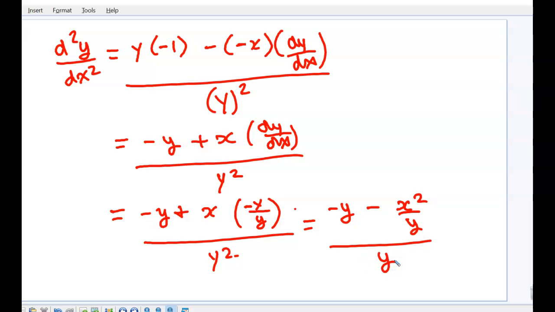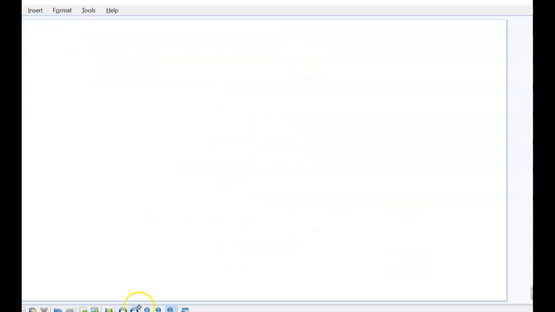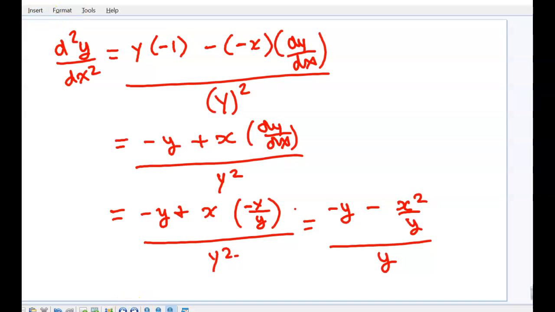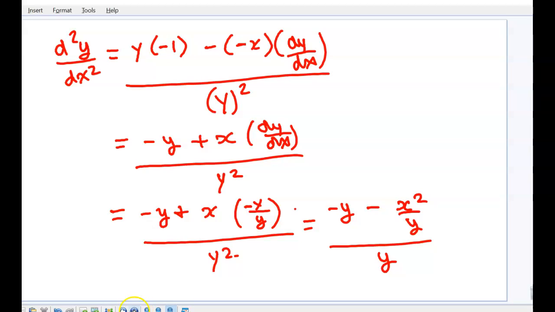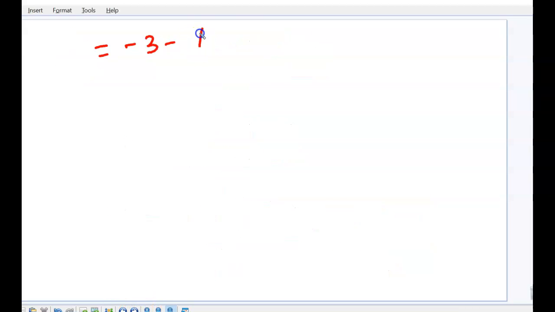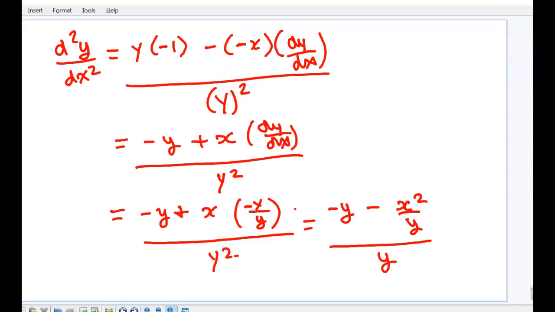And now we can just plug in our values. In place of y, I'm putting 3. So it's going to be negative 3 minus, in place of x, 4 squared over 3, and this is all over 3 squared.